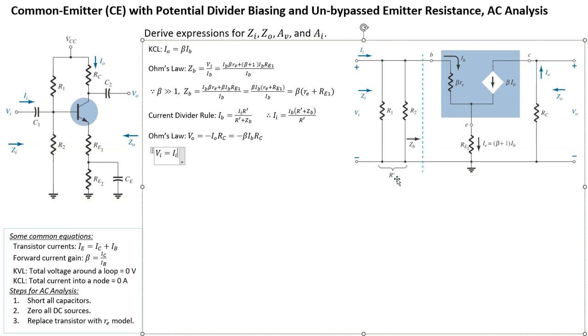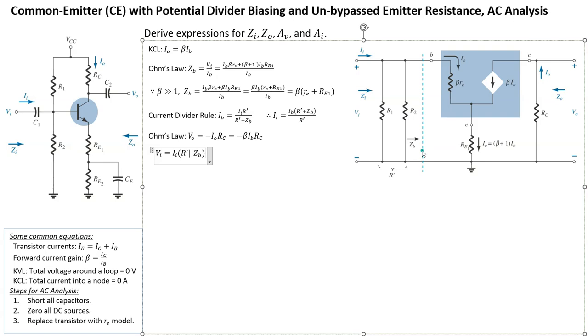So you have R prime parallel with ZB. So that's the resistance. So it's going to be R prime parallel with ZB.